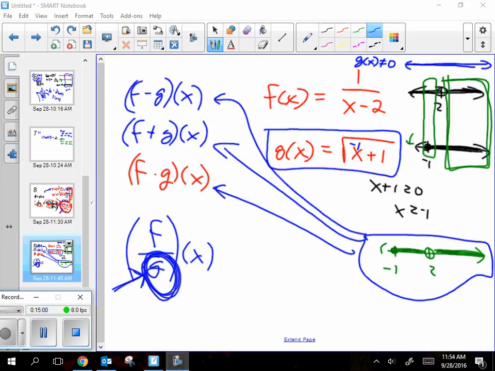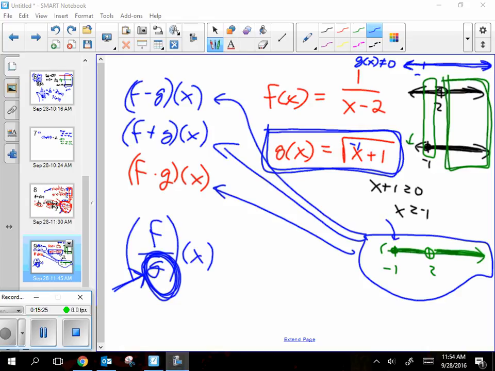This number line's only job, it's not like a combination. It's just asking this. What would make g of x equal to 0? And what's the answer? What would make this function equal 0? -1. So -1, which is right here, which was okay up till now.